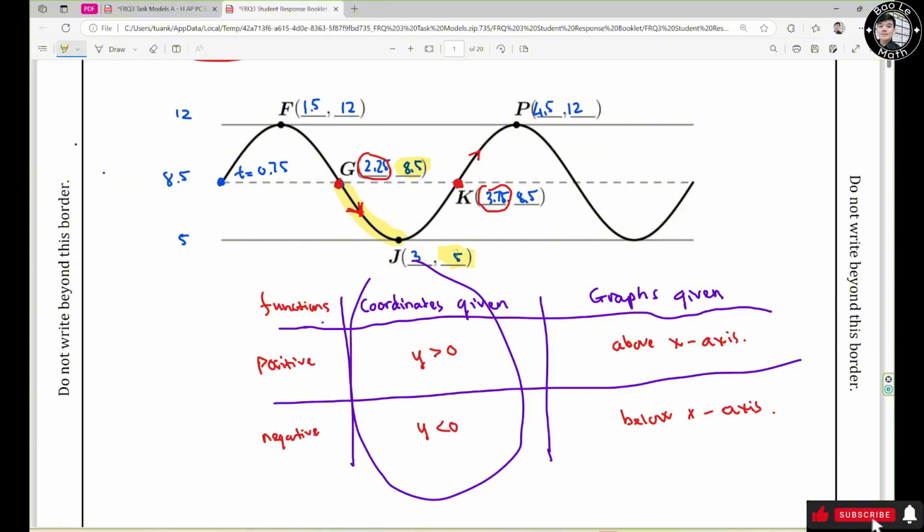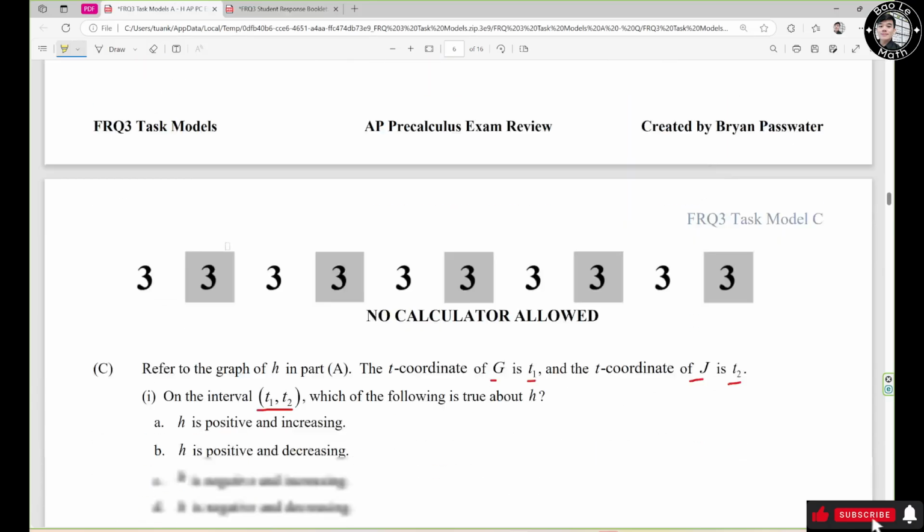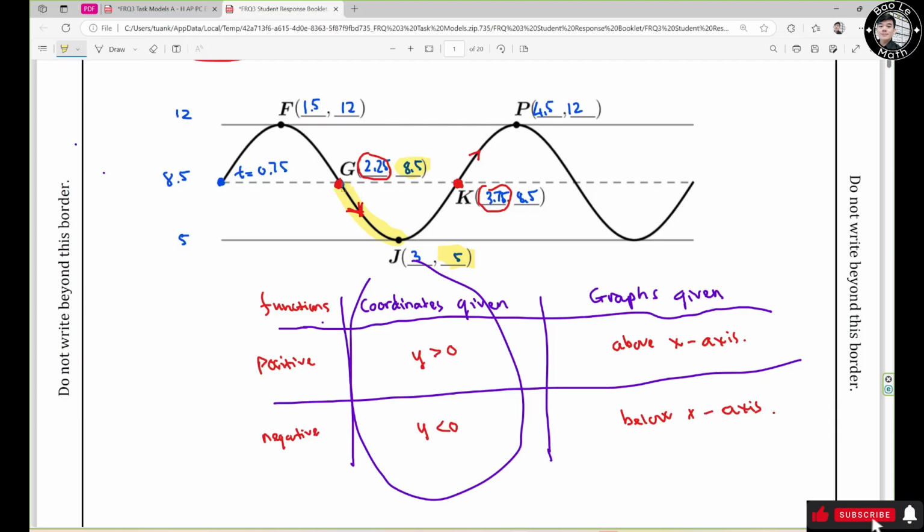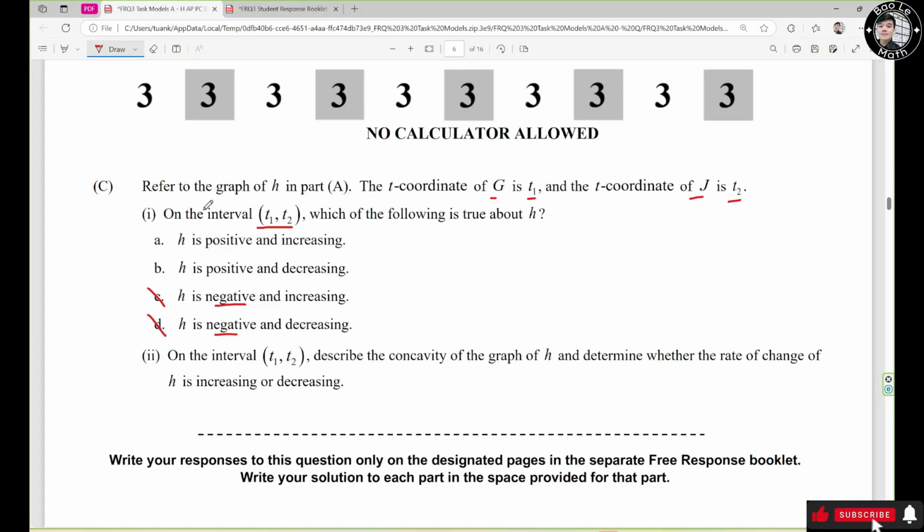The function is positive. So we go back over here. The function is positive, so you need to eliminate C and D because they are negative. Now, look at this one, we see that the function is going down, which means it's decreasing. So the answer must be B.